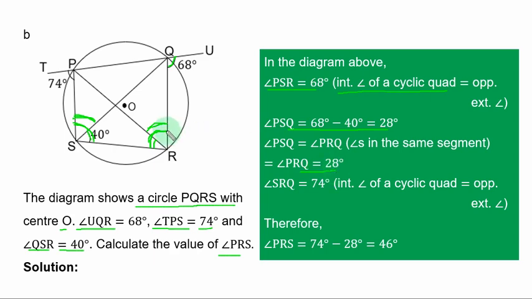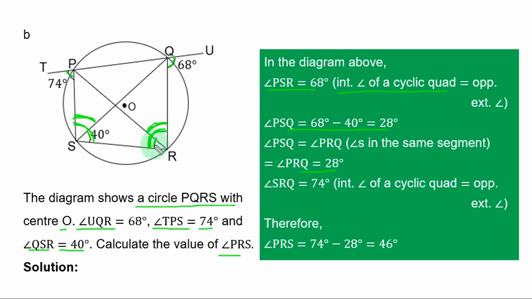Now, the whole of this angle SPQ is equal to 74. That is, the interior angle of a cyclic quadrilateral is equal to the opposite exterior angle. Now, from here to here is already 28. The whole of this angle is 74.